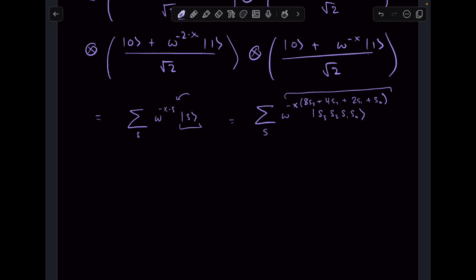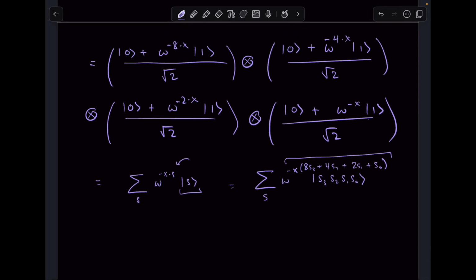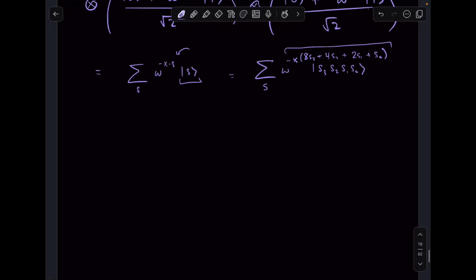So this is the value we have in the exponent in terms of the actual bits, because we want to look at this thing bit by bit, which is what's happening here with this tensor product. So let's just expand this further and split this up into a product of different phases.